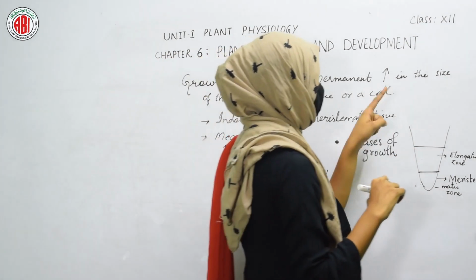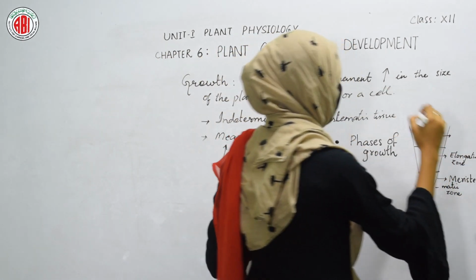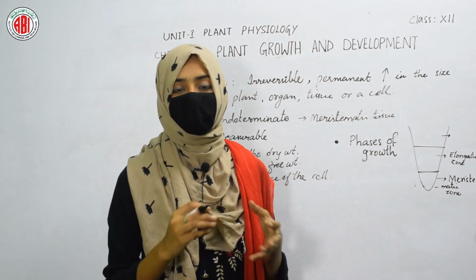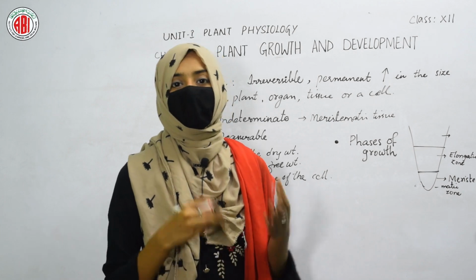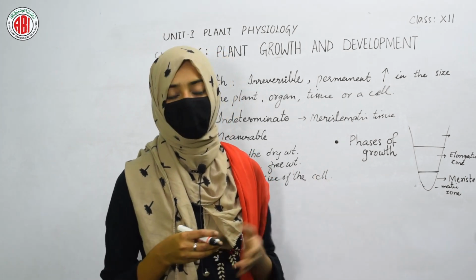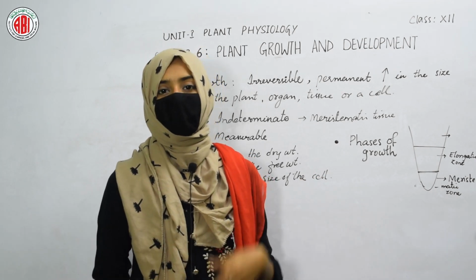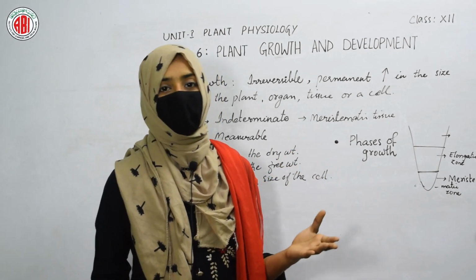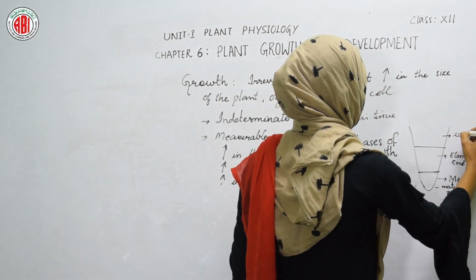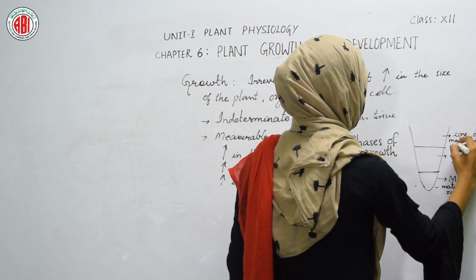After that the third zone is present, in which the cells become matured. They get differentiated to perform different functions in the body. As the cells become matured and differentiated, they are present in the zone called the zone of maturation or differentiation.